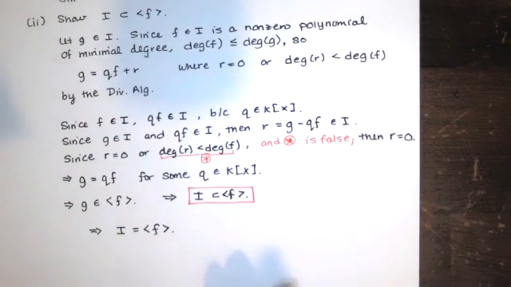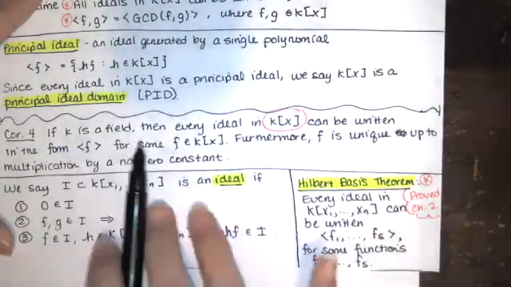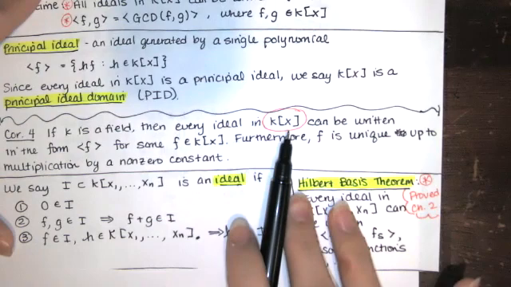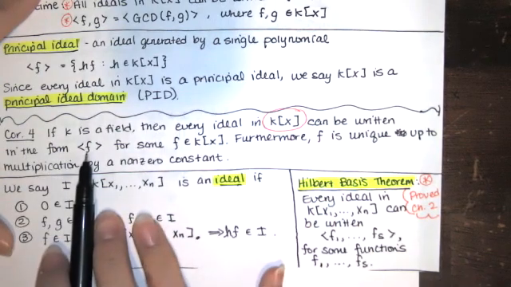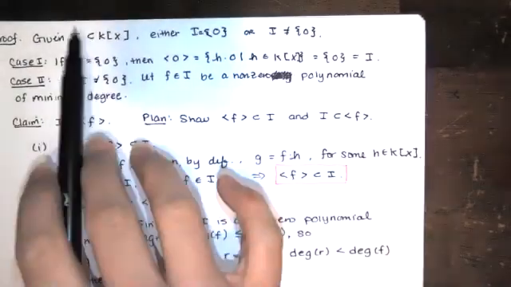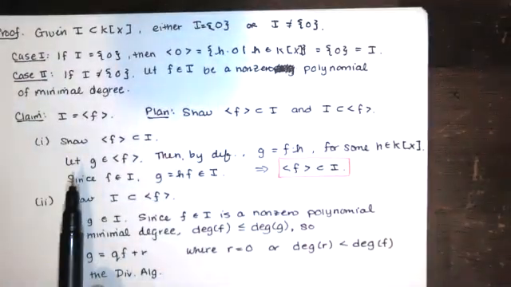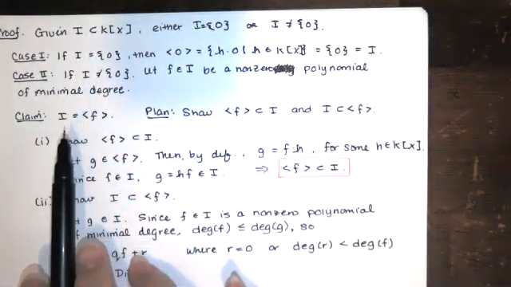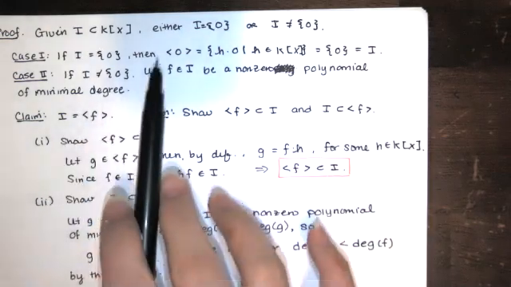Okay, so let's see, what did our corollary say? What were we trying to prove? We wanted to show that if K is a field, then every ideal in the polynomial ring consisting of polynomials in one variable can be written in this form for some f in K. And we did show that. We showed that if I is an ideal, then I can be written in this way.